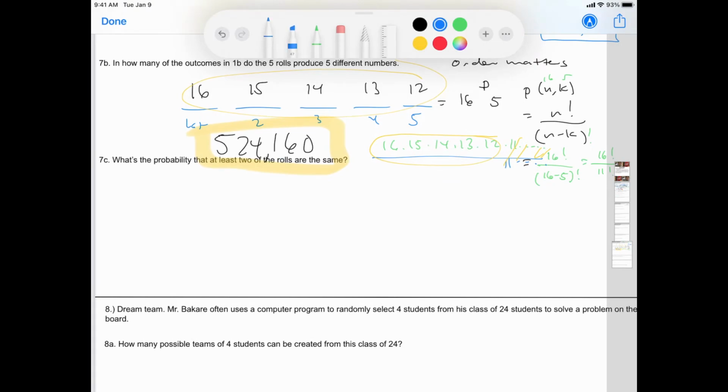What's the probability that at least 2 of the rolls are the same? Now remember, when you see the words at least, the shortcut is to use what? The complement. The complement, let's write it out. The complement here is all the rolls are different.